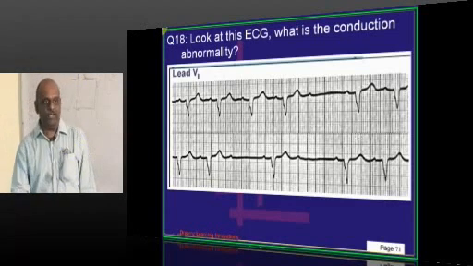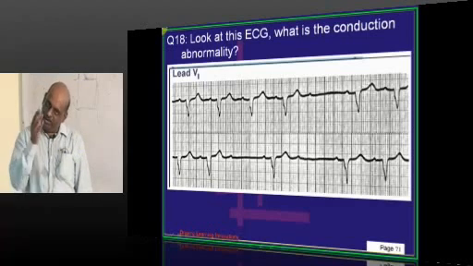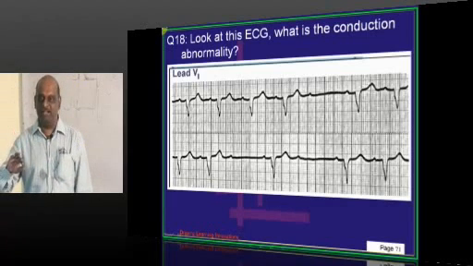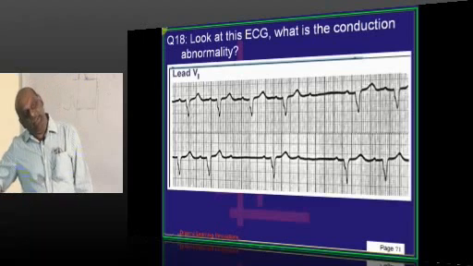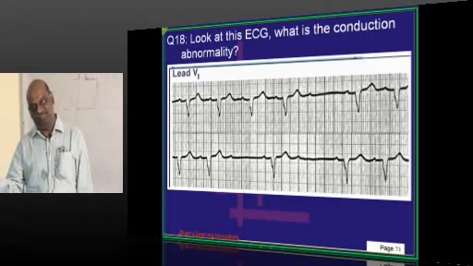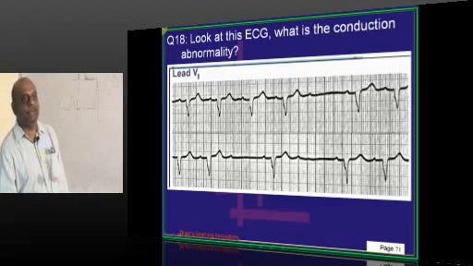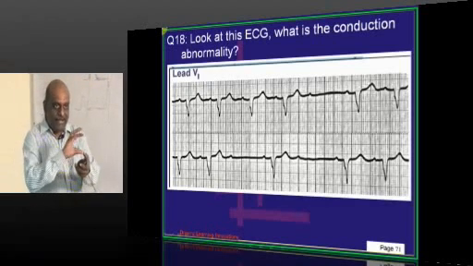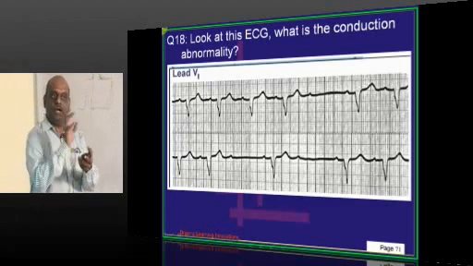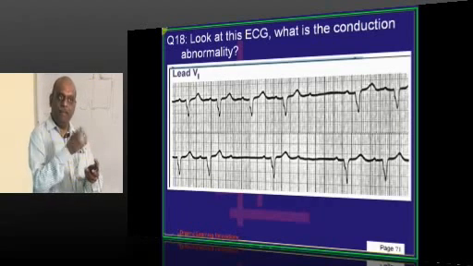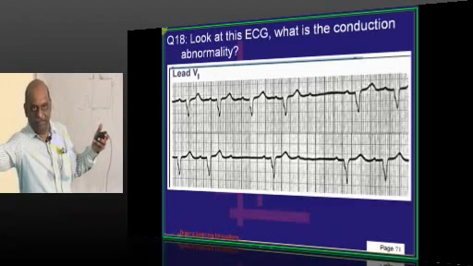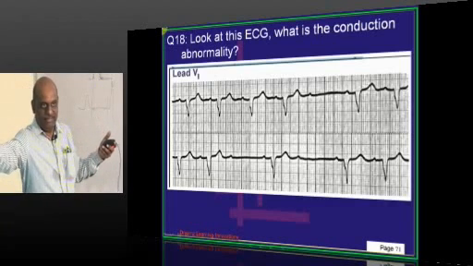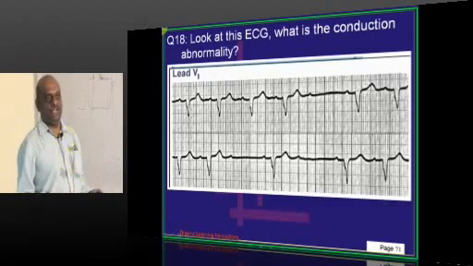If the P wave is going to its own parties, and the QRS is sleeping with its own boyfriends, then after P the QRS is not coming; P is going on its own and QRS is going on its own. So if you find QRS complexes not preceded by P waves and P waves not followed by QRS complexes in the ECG rhythm strip in lead 2, then you should think of AV dissociation.